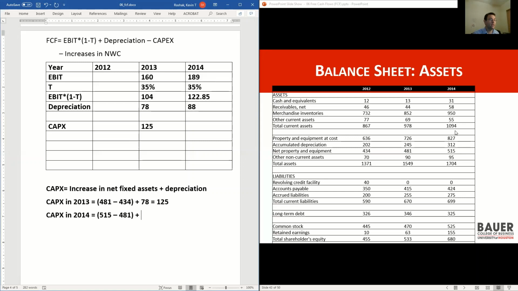We bought stuff even more than we depreciated. So we depreciated $88 worth of stuff. Our assets should have fallen by $88. In fact, they rose even more. So that means the total investment is 88 plus the difference between the net fixed assets. And we get that is 122.